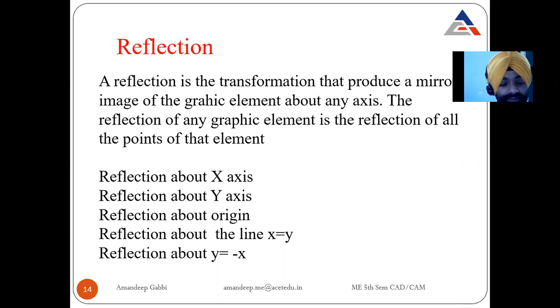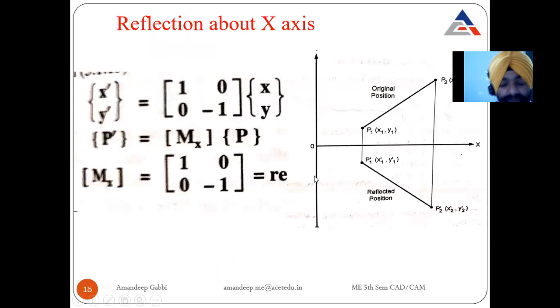Now we will discuss one by one, reflection about the x-axis. That is the diagram on your screen. I have taken this diagram to help understand. We have this y-axis, this is the x-axis. A line is there, P1, P2.